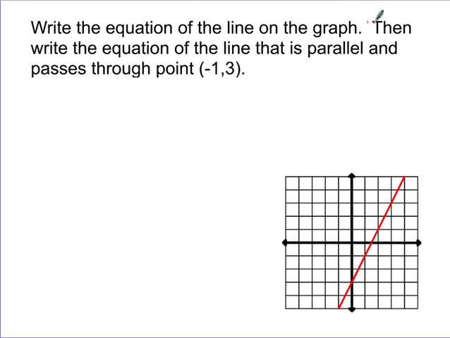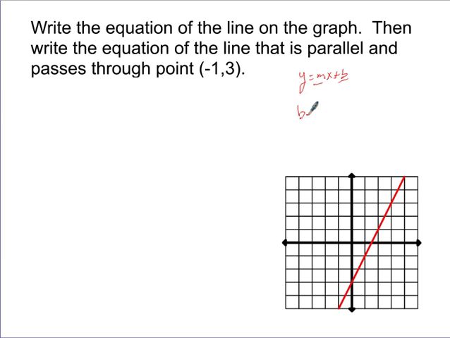Write the equation of the line on the graph. So this line, it's the line we just looked at, and the two things that I need to write a slope-intercept equation are the slope and the y-intercept. So the y-intercept, starting at the origin, count down 3.